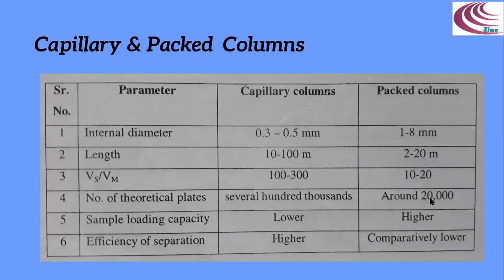For these columns, though the ratio of the volume of the stationary to the mobile phase is less than that for the capillary columns, the total amount of the stationary phase is more, and hence their sample loading capacity is higher. However, because of the greater number of theoretical plates in the capillary columns, their efficiency of separation is higher as compared to the packed columns.